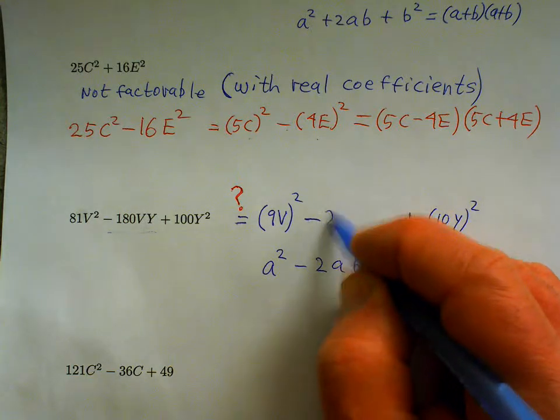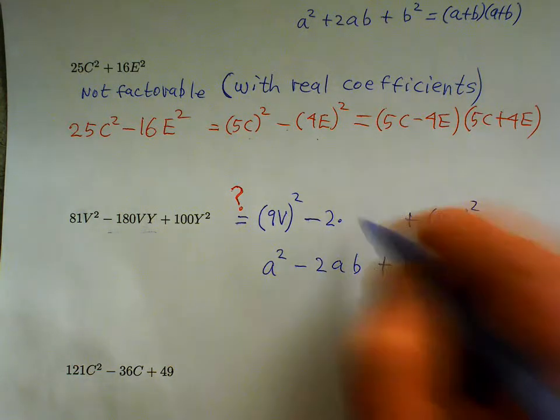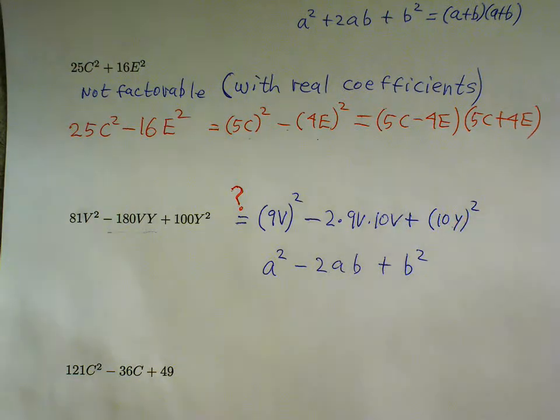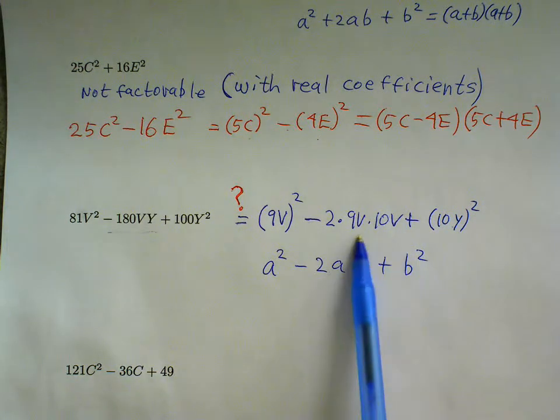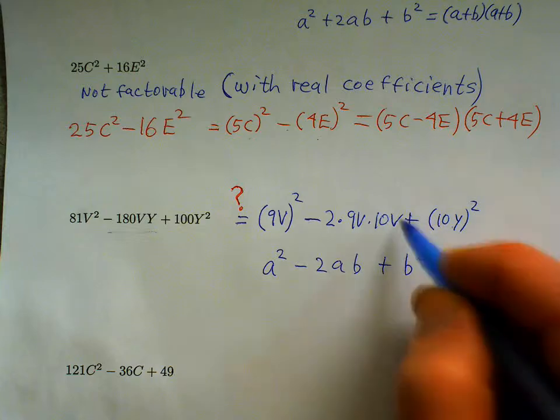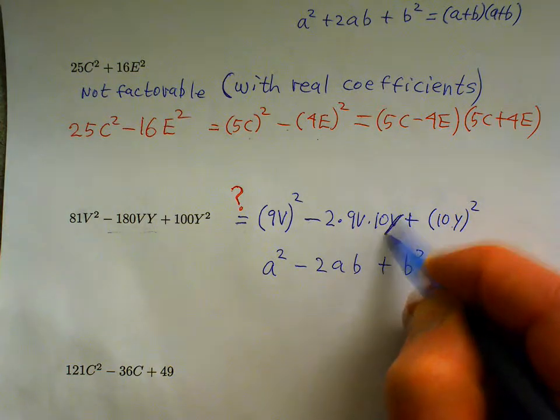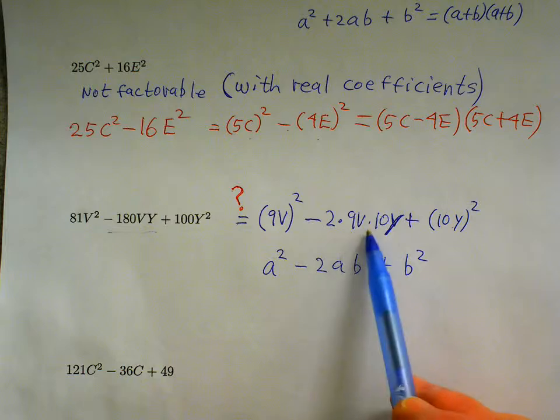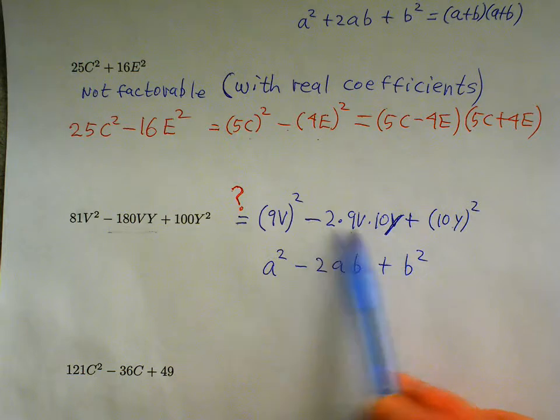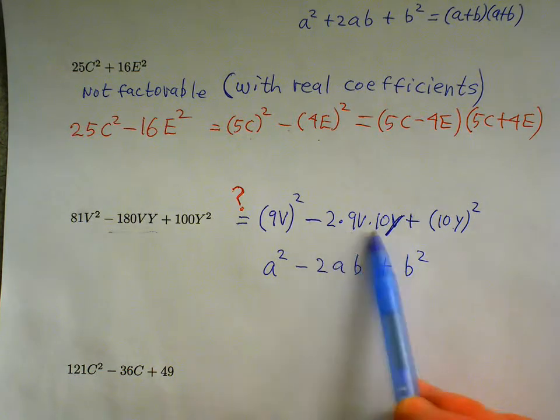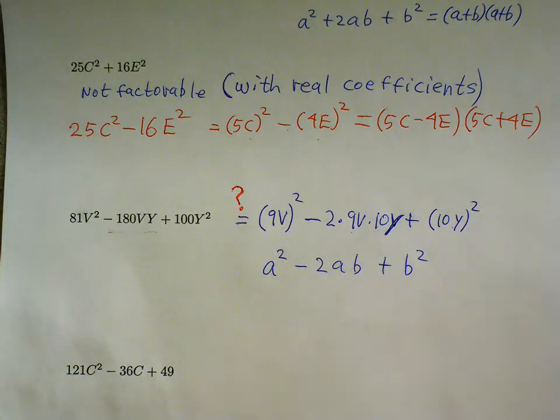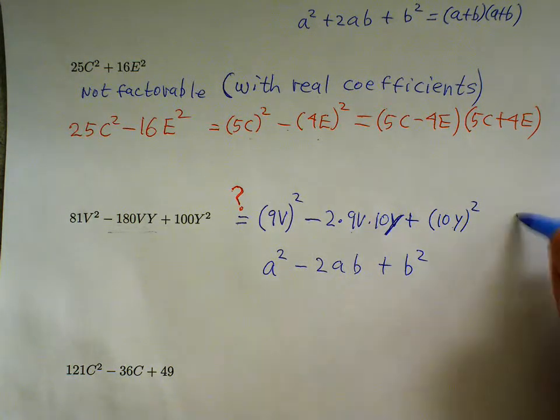So it's minus 2 times 9v times 10y. 9v times 10y is 90vy, and 2 times 90vy is 180vy, and we're subtracting. So yes, it checks out.